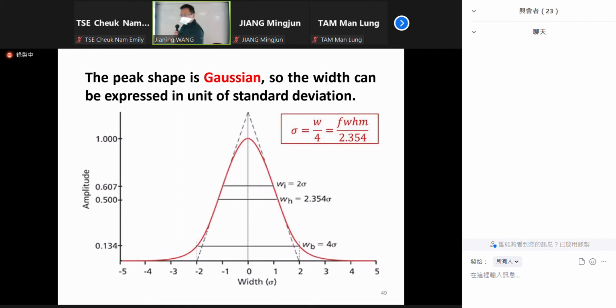And this is the mathematical relationship between the FWHM and the baseline full peak width. It's based on the Gaussian distribution, so this is a mathematical relationship.